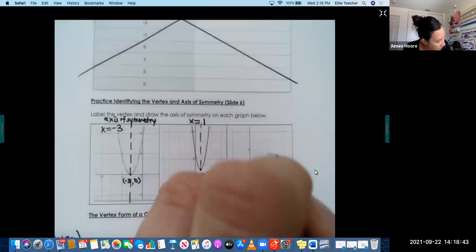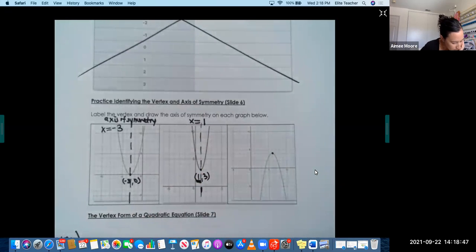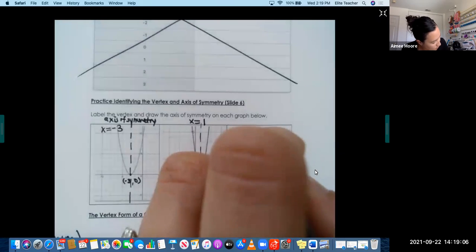Okay, what was the vertex of our third graph right here? I know it's hard to read. Yep, excellent, John. 6, 4, thank you.